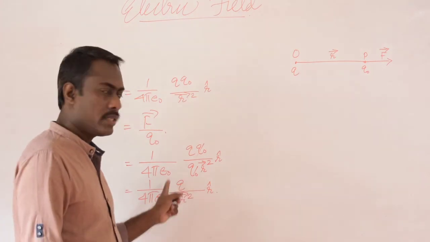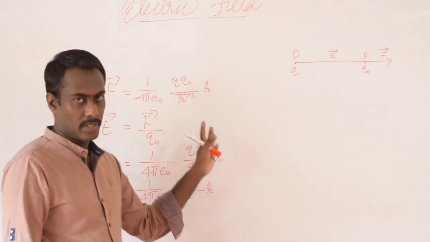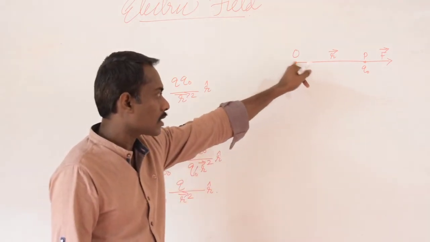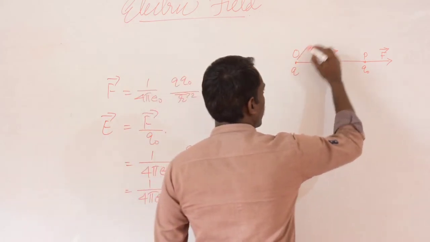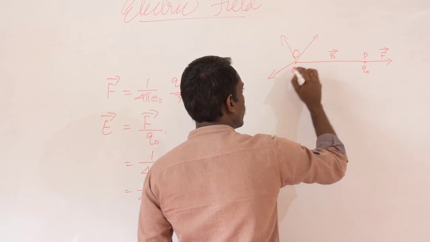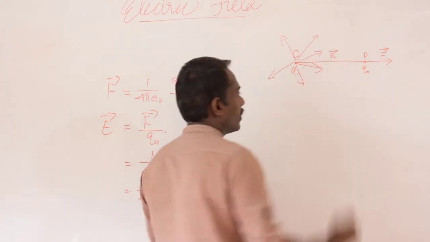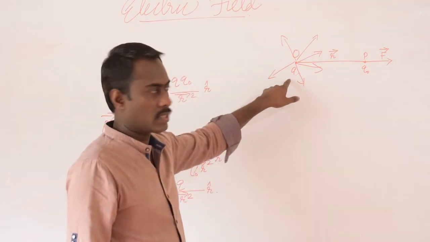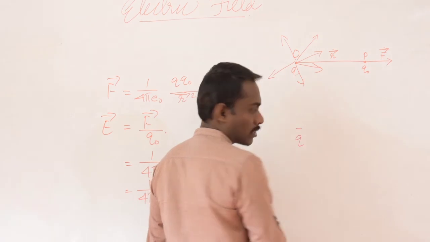If the charge Q is positively charged, then the direction of the electric field produced by the charge Q will be directed radially outward from the charge, like this. And what if the point charge Q is a negative charge?